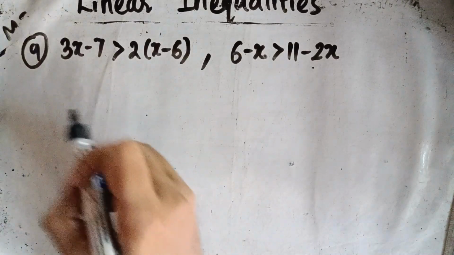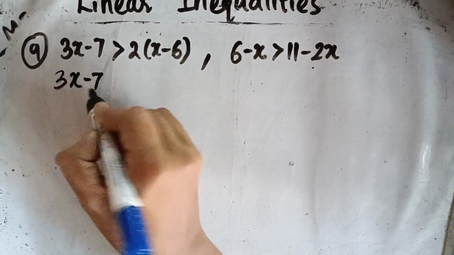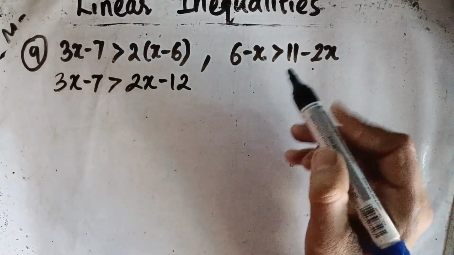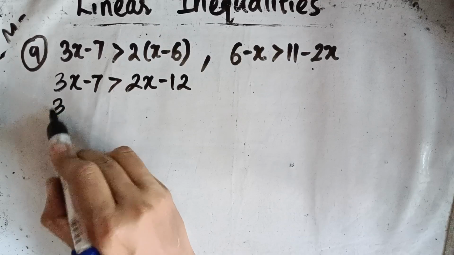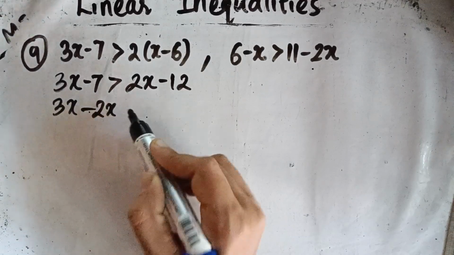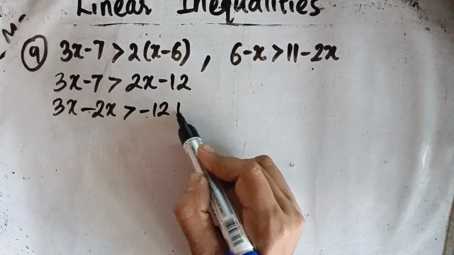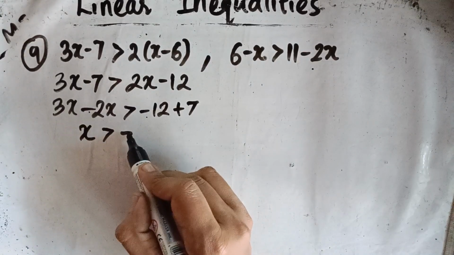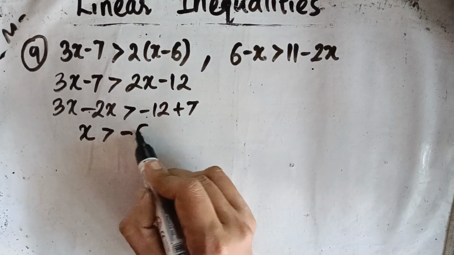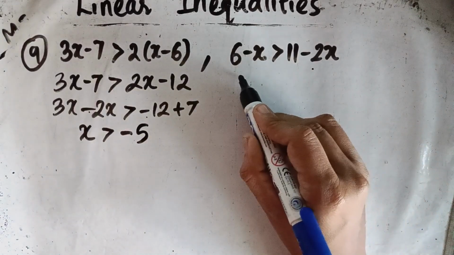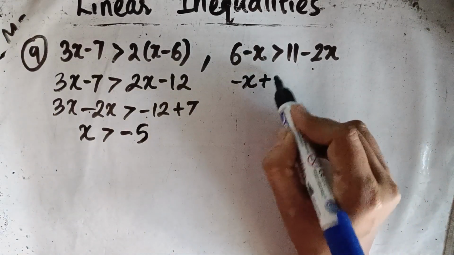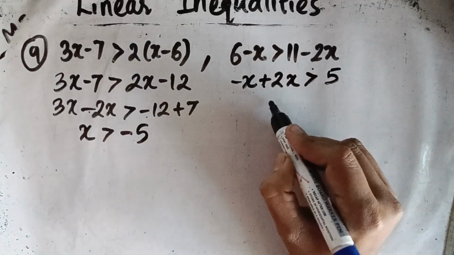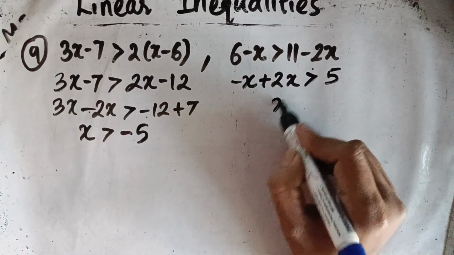Ninth question. X minus 2x plus 7 minus 5 plus 2x 11 minus 6 x.